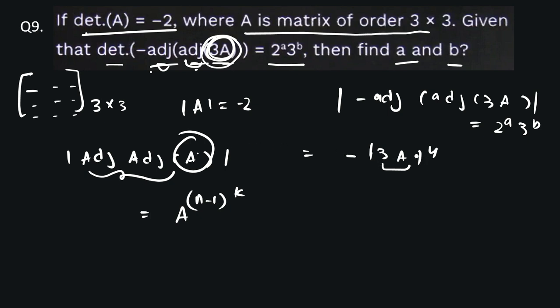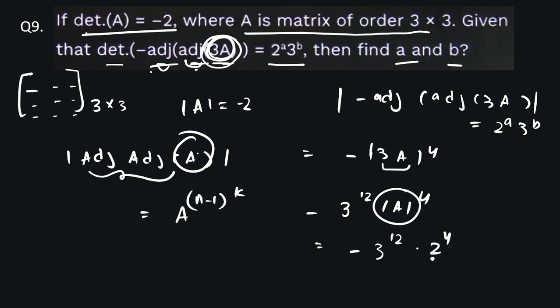Now we know that if coefficient is multiplied to matrix and whole determinant power 4, then 3 power 12 into det A power 4. After solving we get this one, which is equal to, what is the value of det A, which is minus 2 given in question, minus 3 power 12 into 2 power 4.